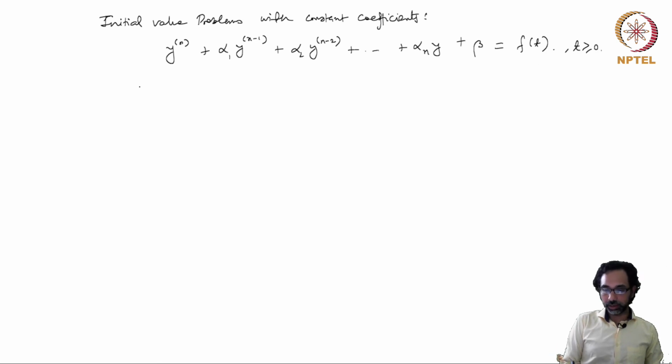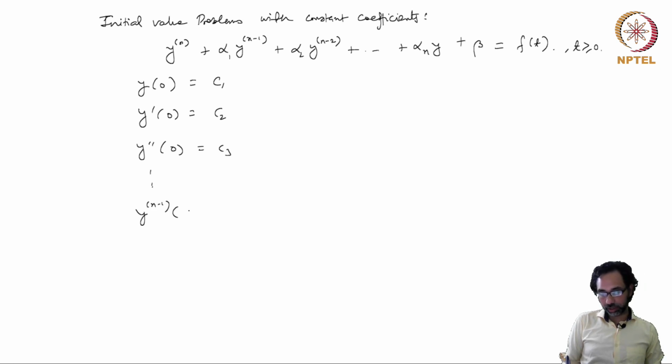And in the initial value problem you will have the values y(0) equals c_1, y prime of 0 equals c_2, y double prime of 0 equals c_3, and so on up to the (n minus 1)th derivative evaluated at 0.